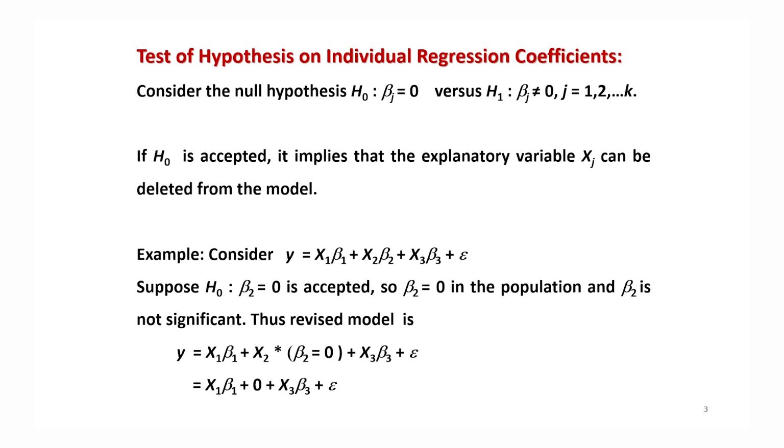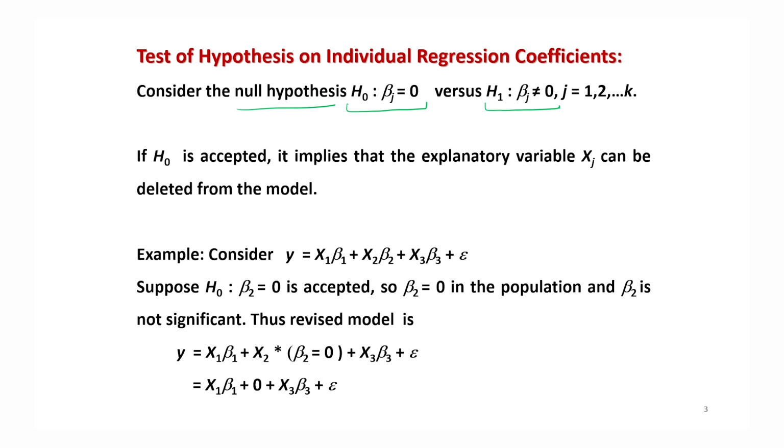So first let me introduce the null hypothesis H naught: beta j is equal to 0, and we want to conduct a test against the alternative hypothesis H1: beta j is not equal to 0. You know that if you want to consider any other type of alternative, greater than or less than, you can also consider that.